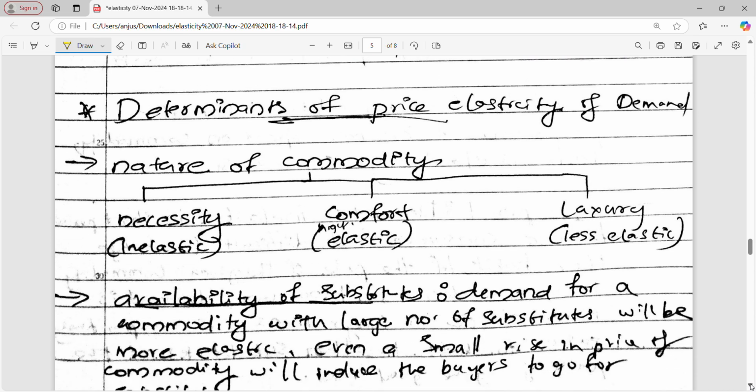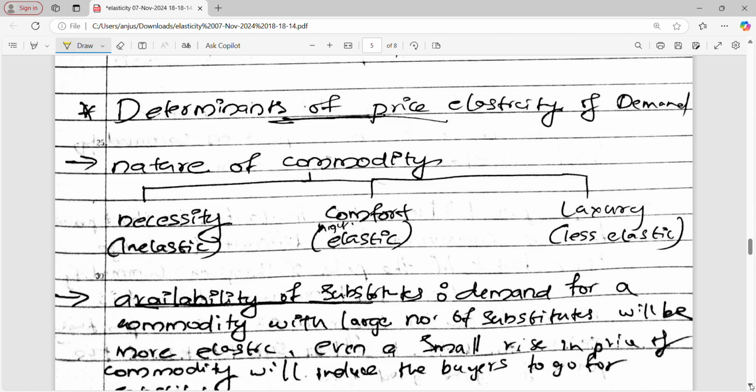So next is determinants of price elasticity of demand. We'll discuss that in the next class.